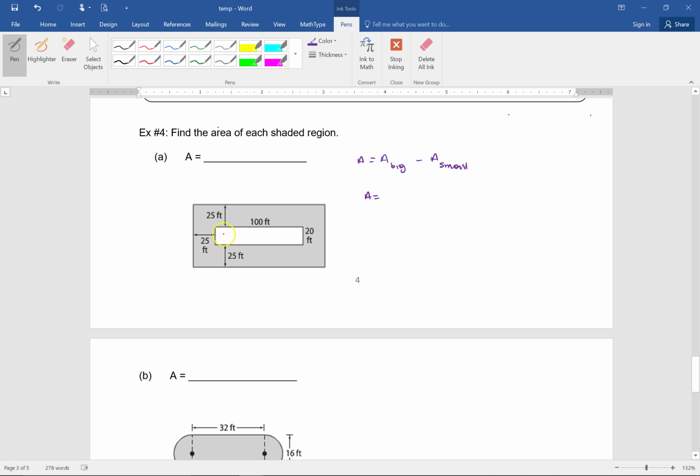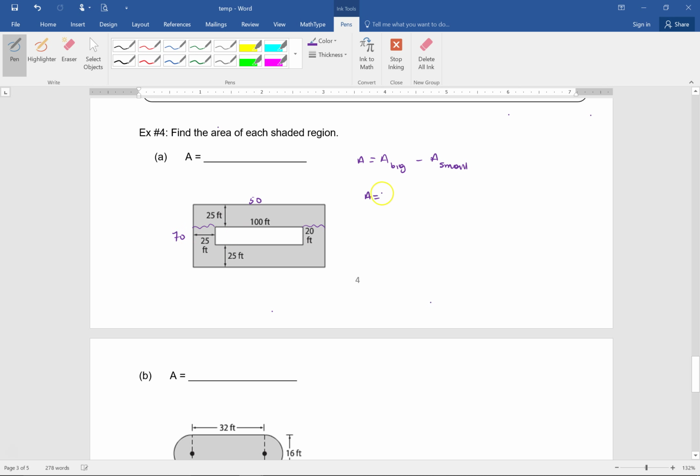Well, what are its dimensions? If it's 100 from here to here, to that I'm adding a 25 and another 25. So the entire side of the outside is how much? 150. And how about this? It's 25 here, 25 here, and how much is this part? 20. It's going to be 70.